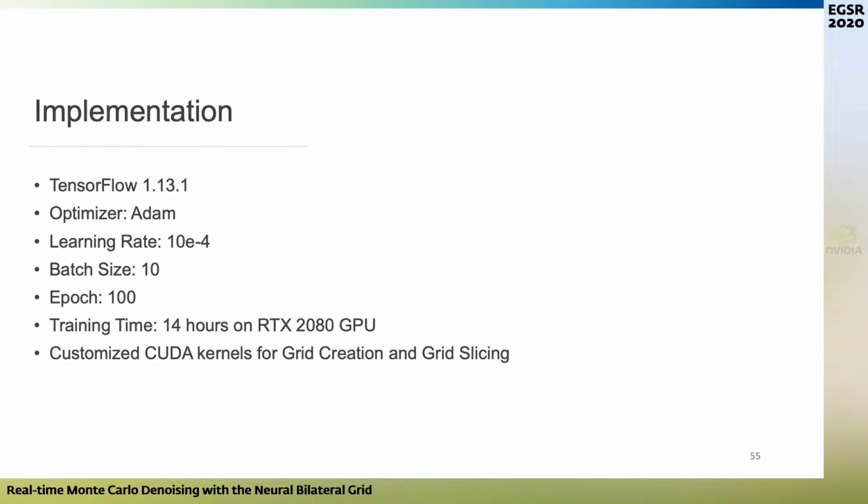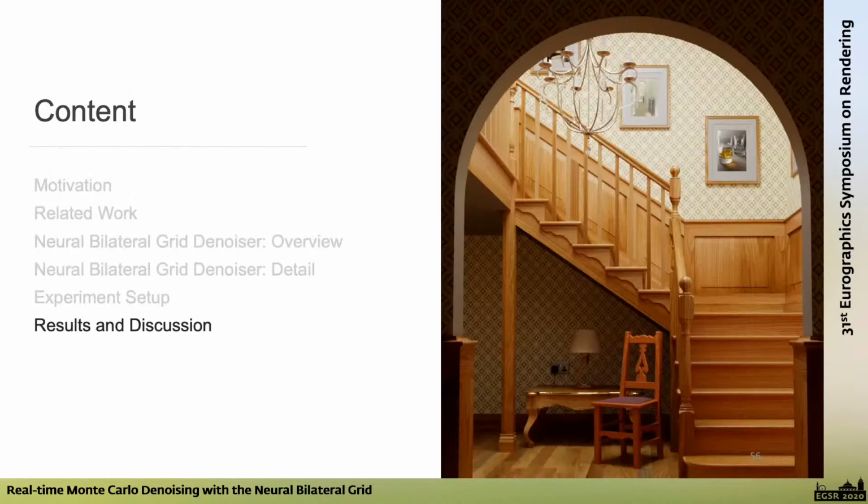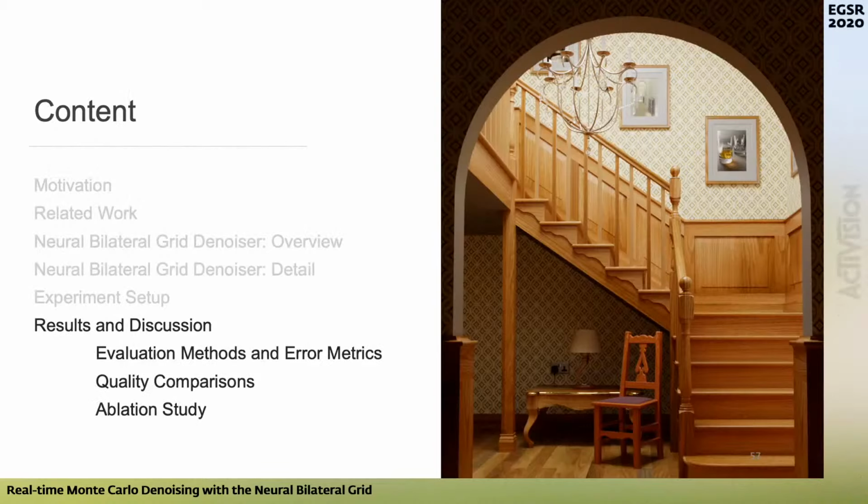A typical training time for one test scene using 100 epochs is about 14 hours on NVIDIA RTX 2080 GPU. Now let's talk about the results. I will introduce the evaluation methods and the error metrics, followed by the quality comparison and ablation studies.